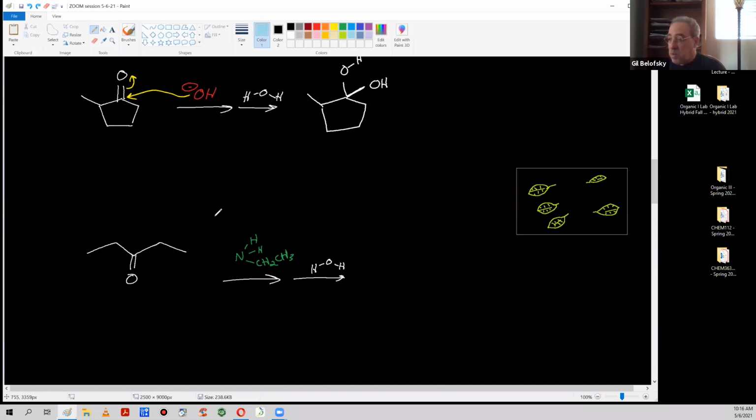Here's an example of another nitrogen nucleophile and a ketone. You look at this and say, I'm not sure what the deal is with all of this, but it reminds me a lot of this. It basically looks the same.